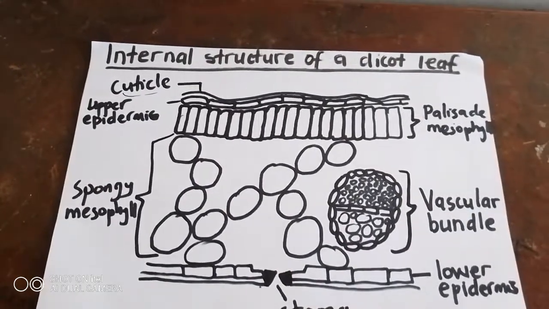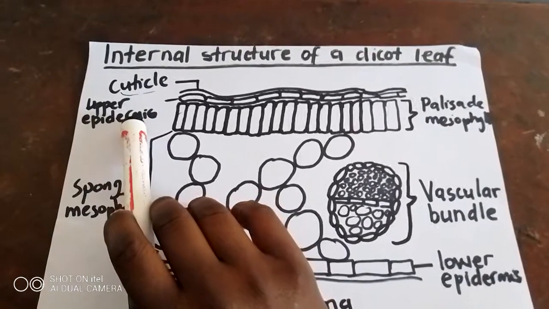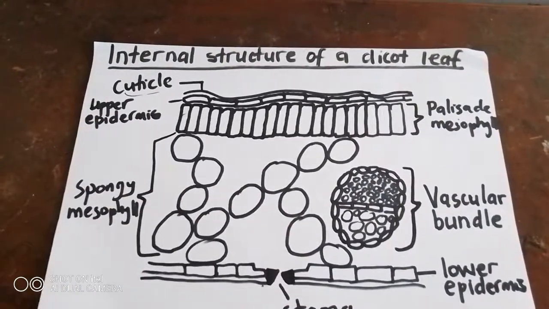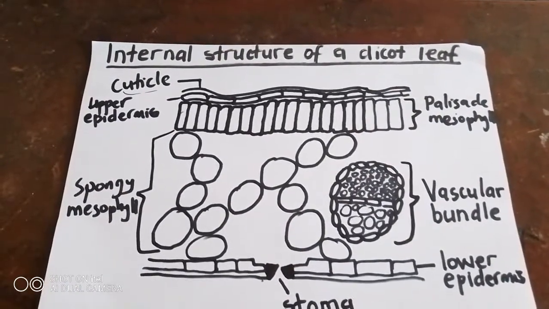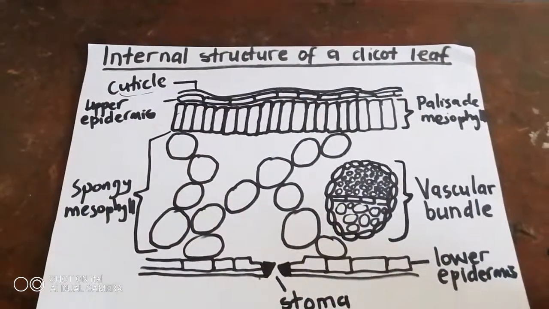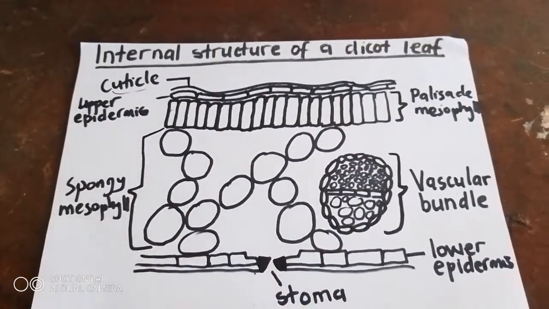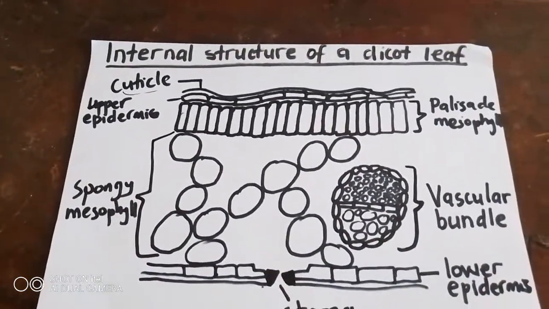All right, and also another function of the upper epidermis is that it acts as a barrier to pathogens. So no pathogens will enter the internal structure of the leaf and destroy all the cell tissues that are found there. Alright, let's move on to the next one.